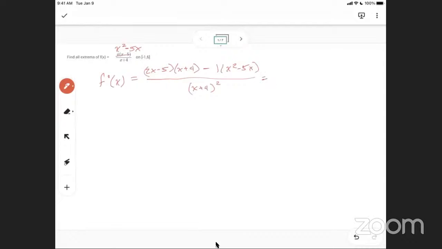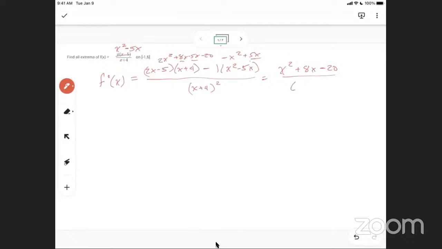So let's simplify that just so that it's a little bit easier to work with. So that's x squared, I'm distributing or foiling, 2x squared plus 8x minus 5x minus 20. And this is minus x squared and plus 5x. So in total, it's going to be x squared plus 3x plus 5x is 8x minus 20, right?